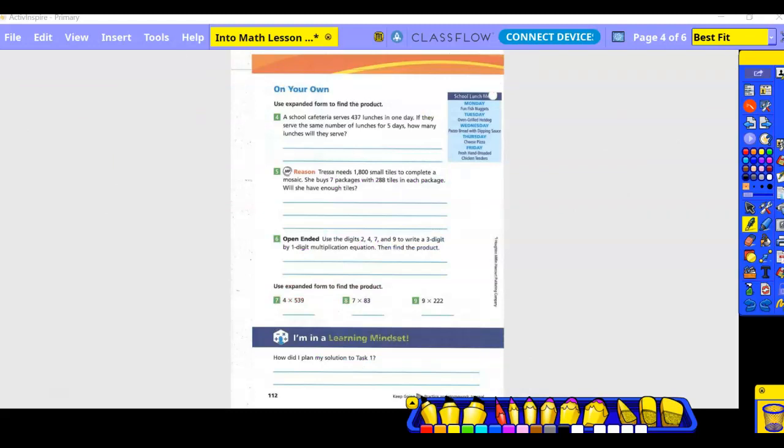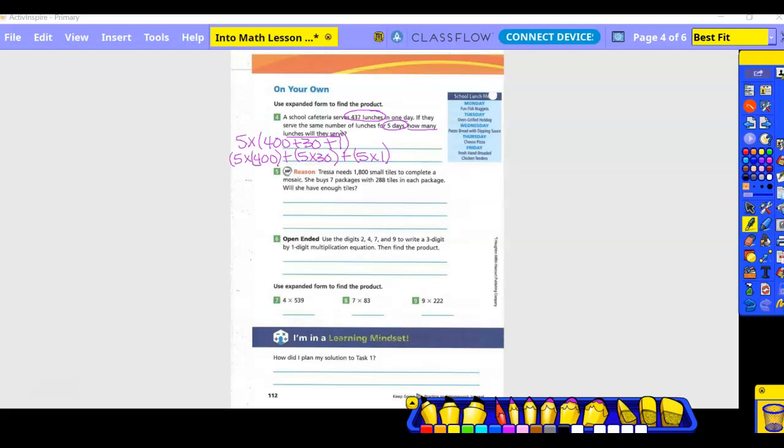A school cafeteria serves 437 lunches in one day. If they serve the same number of lunches for 5 days, how many lunches will they serve? Pull out my numbers, and I'm going to take 5 times 400 plus 30 plus 7. And then I'm going to pull that through. So 5 times 400 plus 5 times 30 plus 5 times 7.